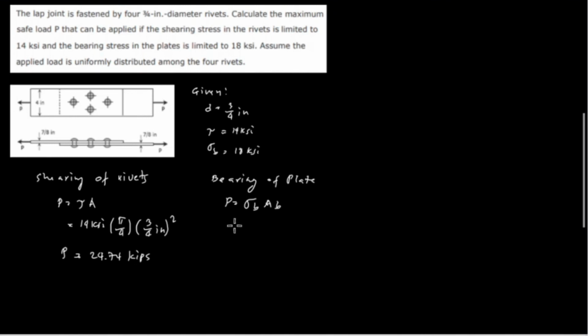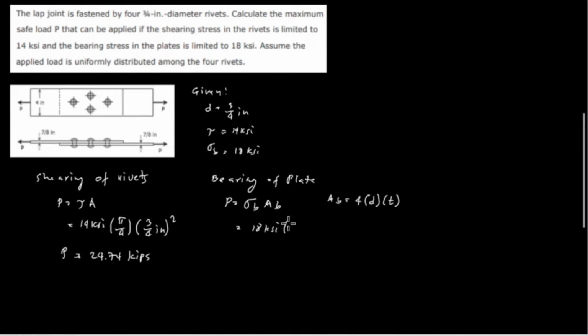And we have for P is equal to bearing stress, which is 18 psi, and the area of the bearing is equal to 4 times the rivets multiplied by the diameter of the rivet and thickness of the plate.